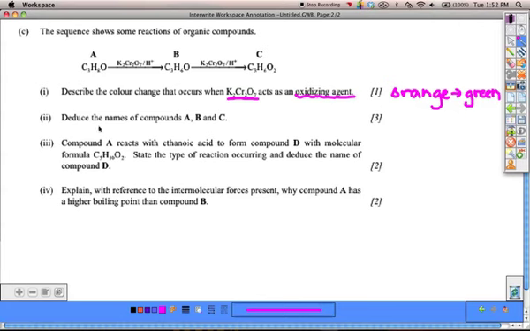And then it says, let's name the compounds A, B, and C. One of the most straightforward ways of doing this is drawing them out first. And when you do draw them all out, you will see that A is propan-1-ol.